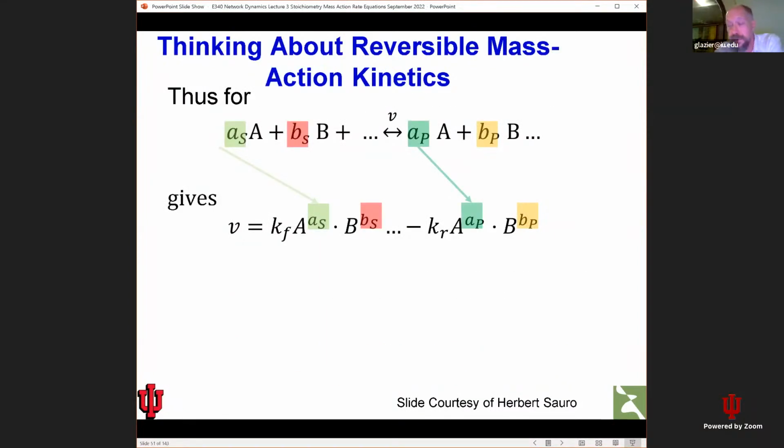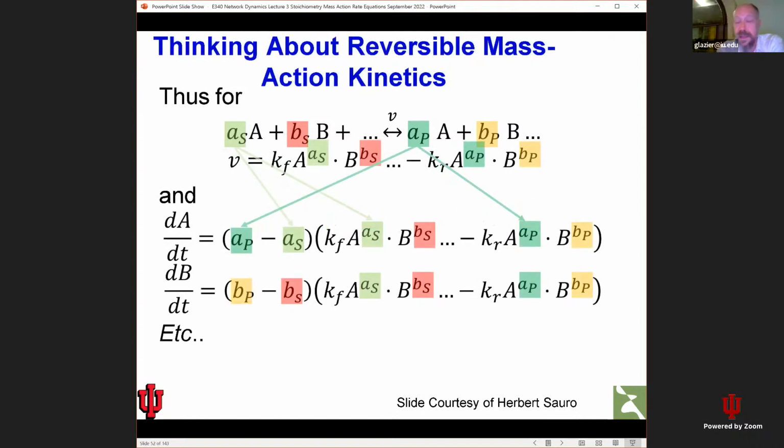Here, I don't think I have the typo that I had in the earlier slide. So I look at my equations. The prefactors in my stoichiometry turn into exponents in my rate law. And then to turn it into the rate of change of the species, I have to multiply by aP minus aS, assuming that A shows up on both sides.